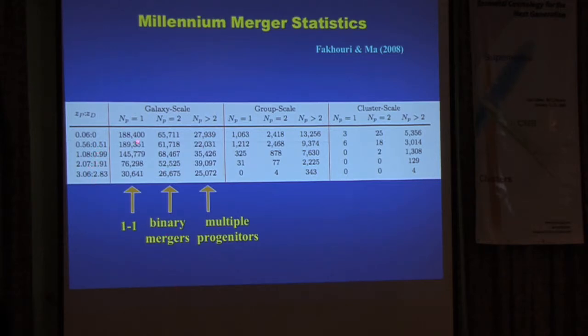Here N_p is the number of progenitors a given descendant has at that earlier output. You may think the naive picture is 2 halos come together, form a bigger one, 2 halos come together, form a bigger one. Things are a little bit more complicated than that.